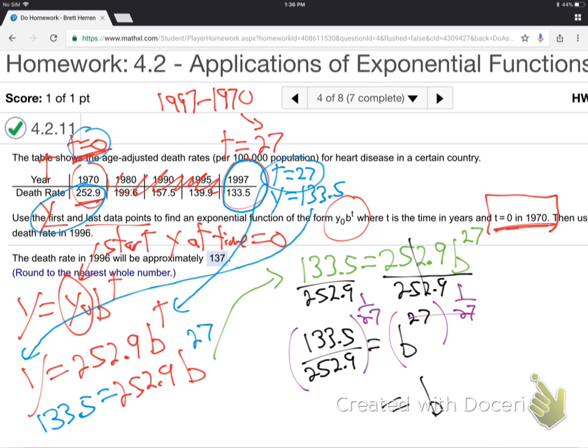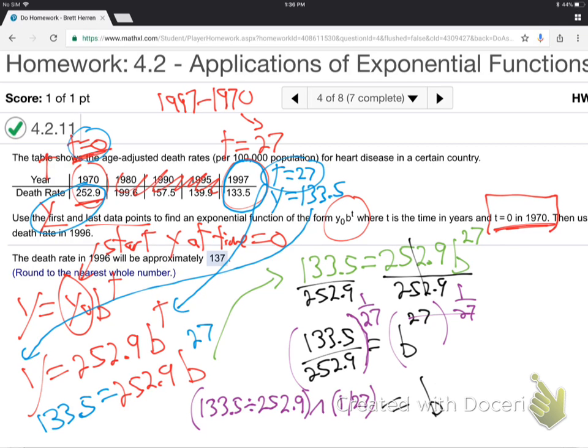So now, can you type that into your graphing calculator and get a value on that? Let's type that in. When you type it in, let me write how that works. It's 133.5 divided by 252.9. You've got to put parentheses, remember? It's just good practice to put parentheses around pretty much everything. Can you all see that?